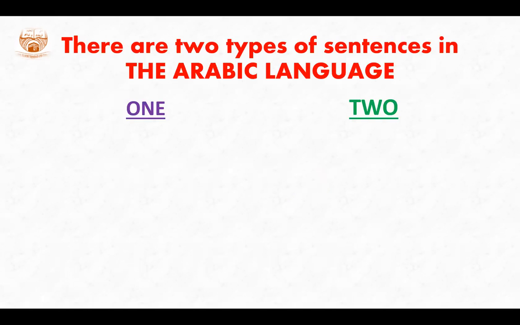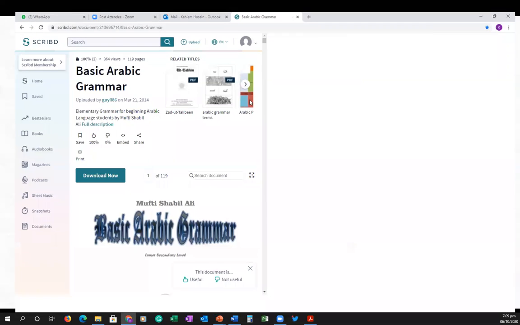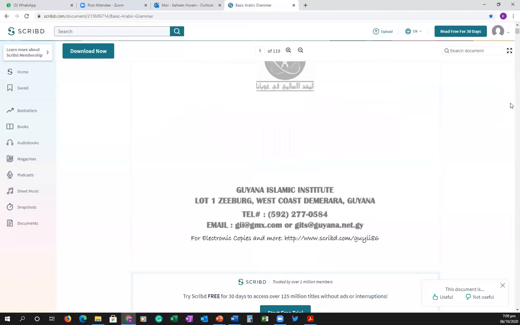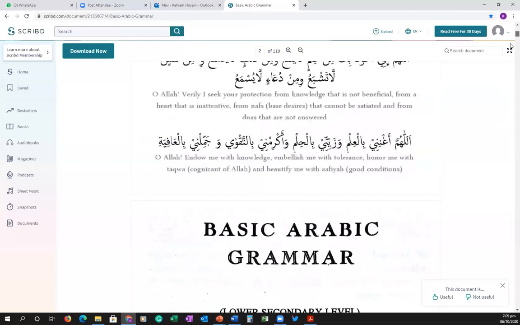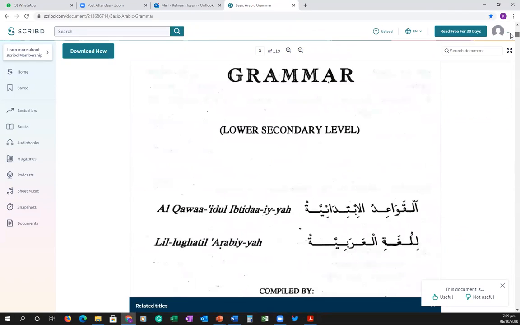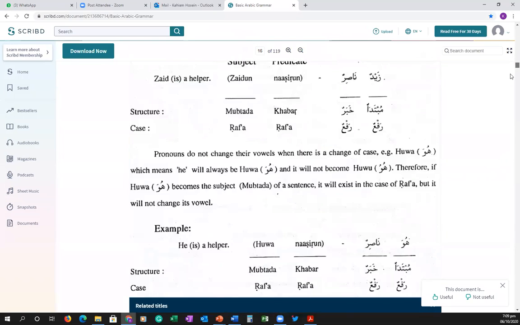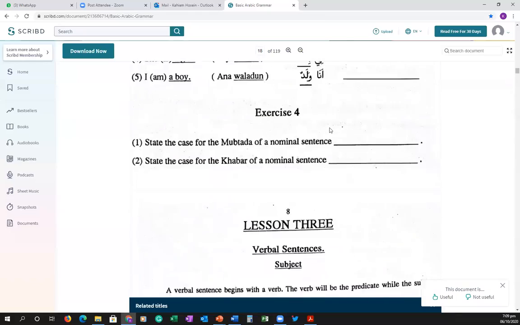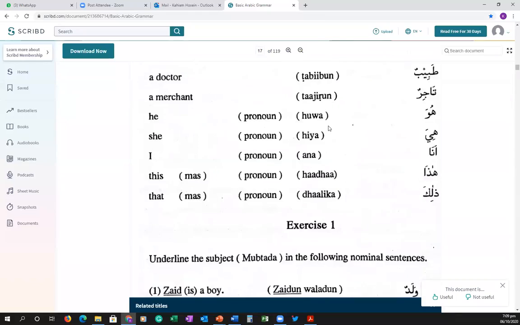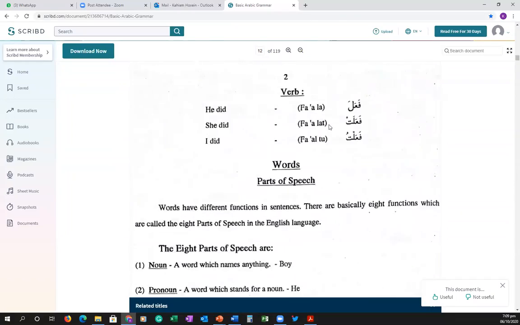So I'm just going to open up something here, bring it across to you all, okay? We have the book Basic Arabic Grammar, that is this book here, right? It's available at the Darul Uloom. I want to assume Barak will have some as well. So basically, we have done the first lesson, which is really an introduction, lesson 1 and perhaps lesson 2.